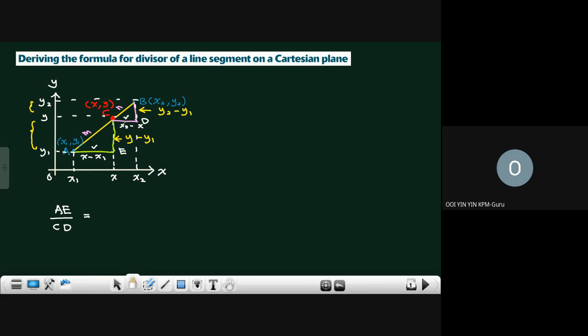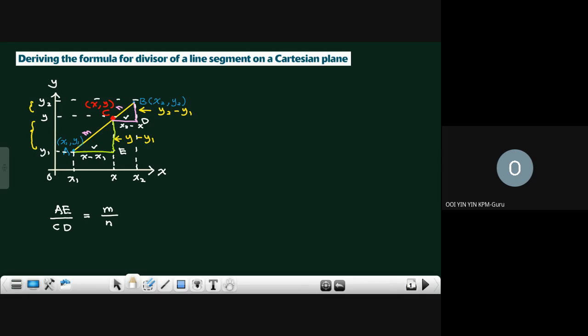When you divide these two sides, they will give you the ratio M to N, the same ratio as the gradient here, because they share the same line. So when you divide the sides, they will give you the same ratio like this.